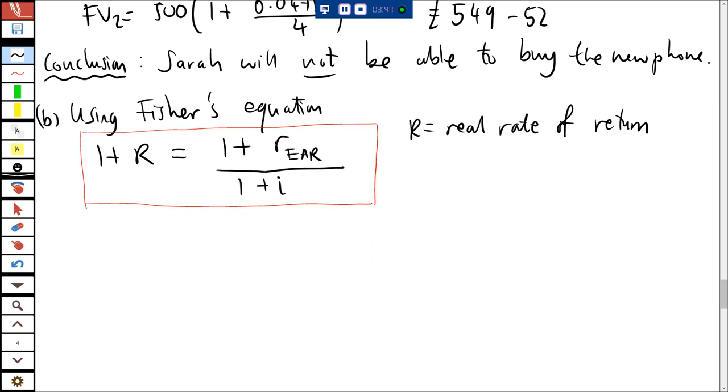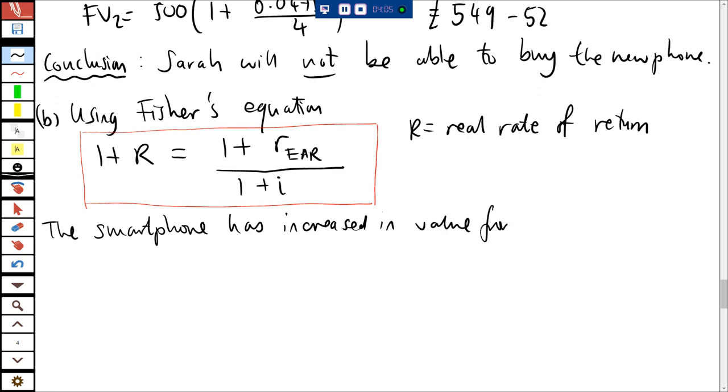So we're going to use the change in value of the smartphone as some estimate for inflation. So the smartphone has increased in value from £500 to £550 in 2 years.